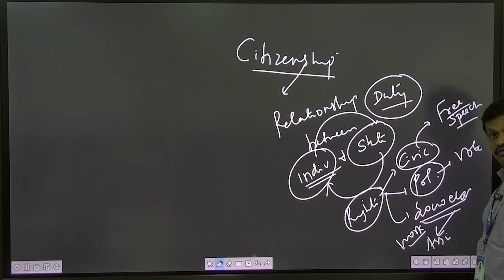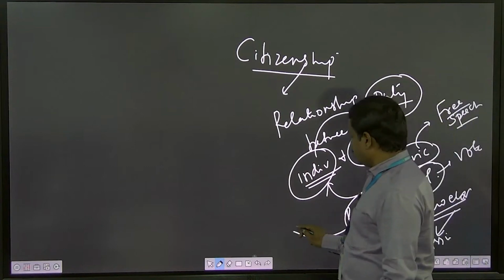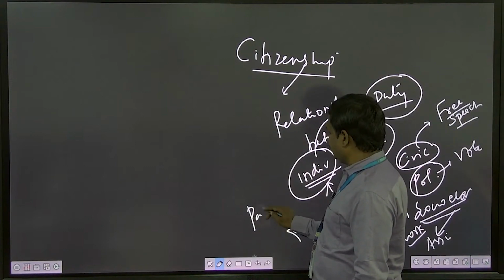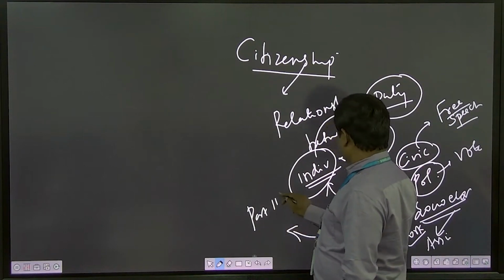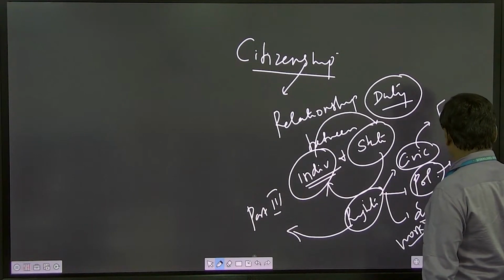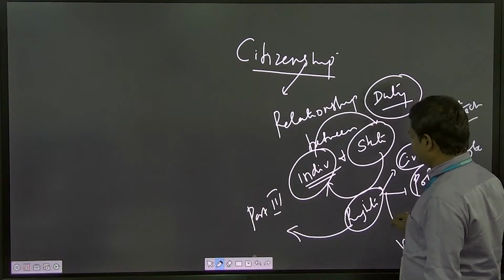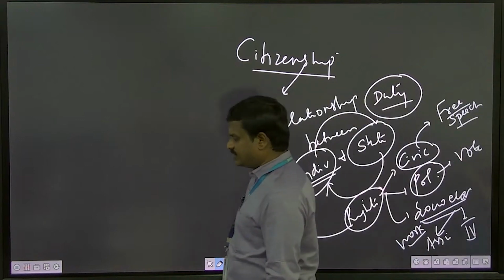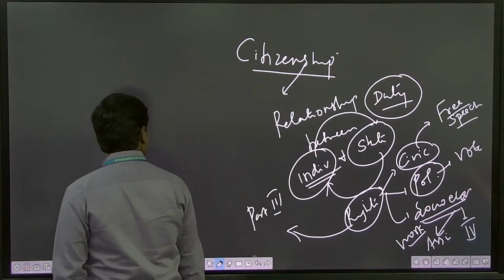They are all socio-economic rights. Understood? So in our constitution, this is present in part 3, and this is present in part 4 called DPSP. This is present in part 3 called fundamental rights.